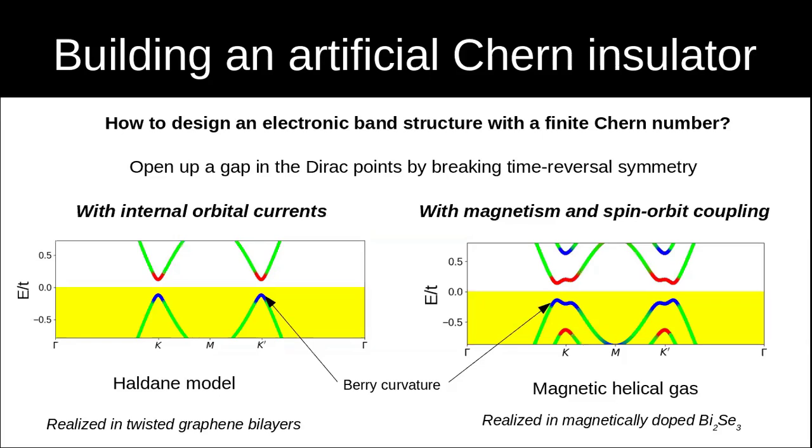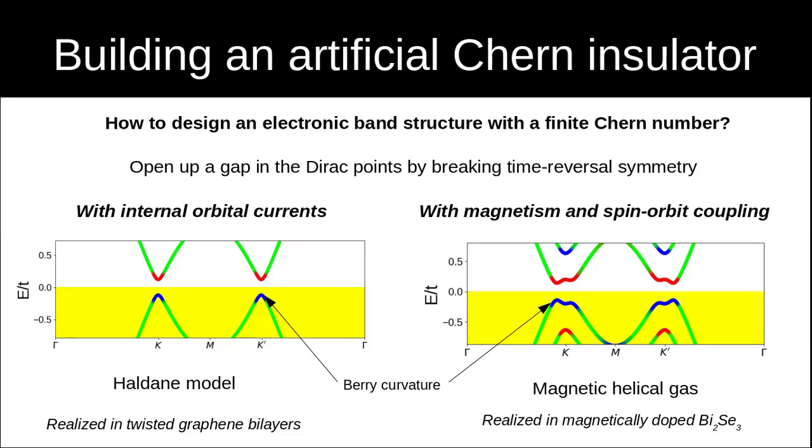One way of breaking time reversal symmetry is by applying what is called the Haldane coupling, which is a second neighbor imaginary hopping. This second neighbor imaginary hopping is effectively equivalent to a local internal current, and this opens up a gap, gives rise to a local Chern number plus minus 1/2 in each Dirac point, and gives rise to a net Hall conductivity of Chern number 1.